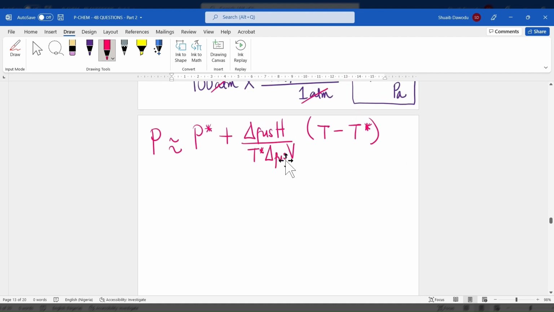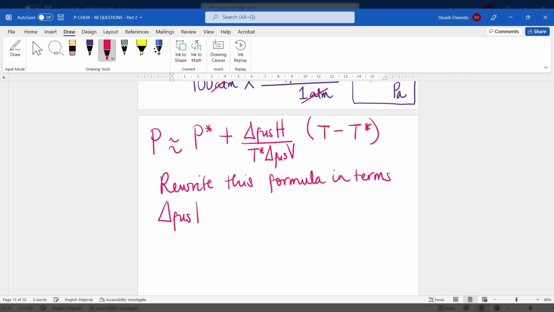We can go ahead and just use this, but I want to make sure our work is as neat as possible rather than putting a bunch of stuff. Let us try to rewrite this formula in terms of the change in enthalpy of fusion. We're going to rewrite all of this formula so that our work is not cumbersome and rough.